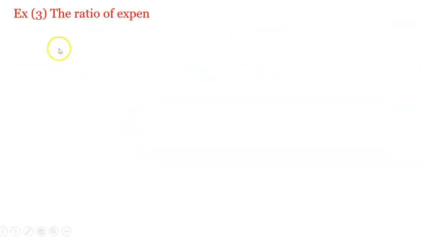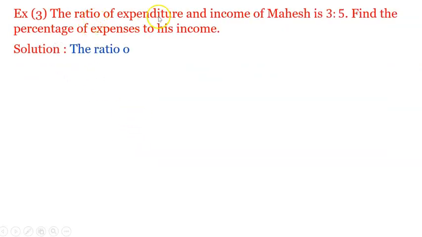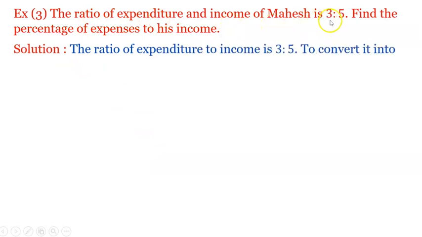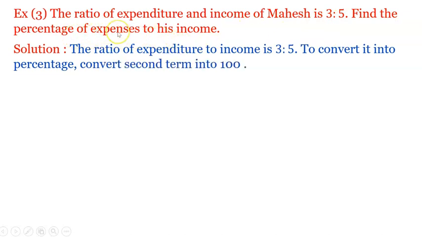Next example. The ratio of expenditure and income of Mahesh is 3:5. Find the percentage of expenses to his income. Solution. The ratio of expenditure to income is 3:5. To convert it into percentage, convert second ratio to 100.